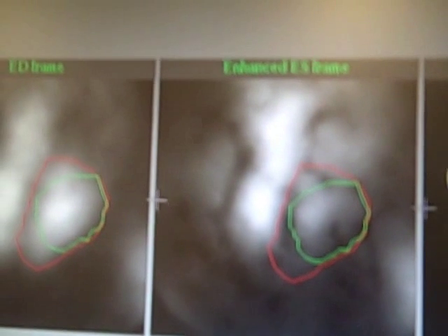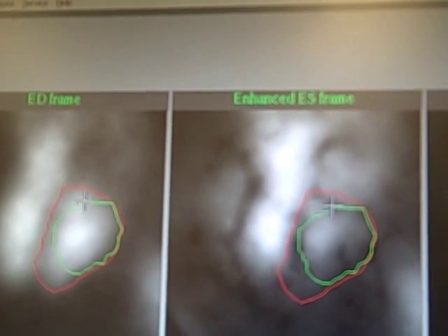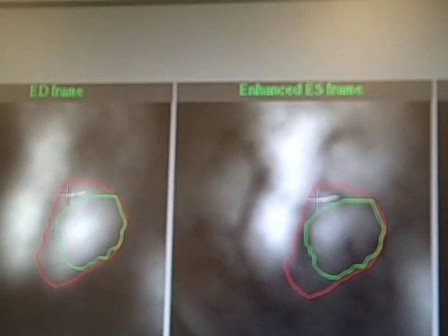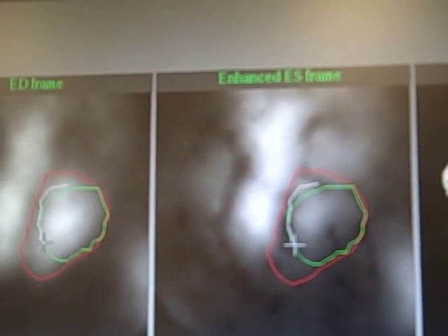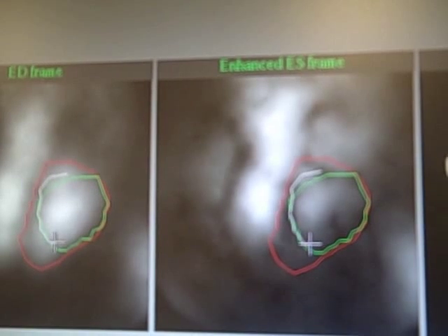Let's go and do the ES. The ES frame here is in the middle. I'm going to click around, making sure that I stay as close as I can without going into the ventricle.